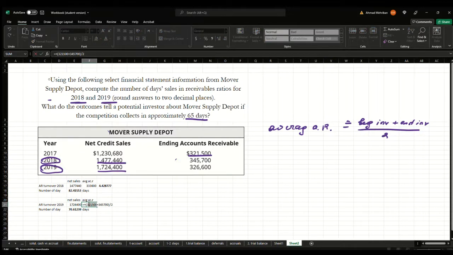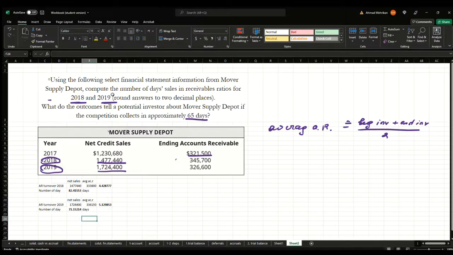The beginning for 2019 is 345,700 plus 396,600, divided by 2. It immediately changed all of the formulas, and you get a 5.12 ratio and almost 71 days in terms of how soon they can get their accounts receivable and convert it to cash.